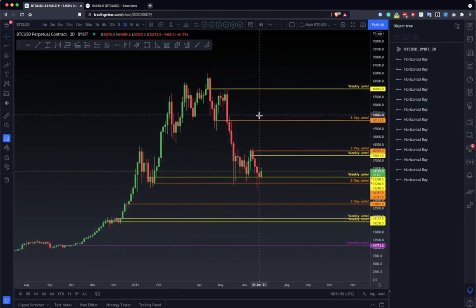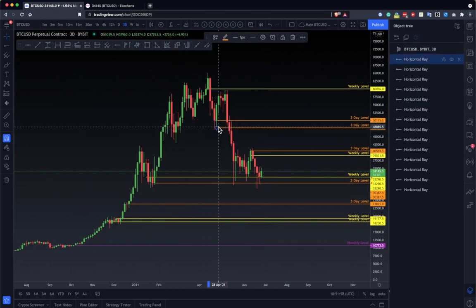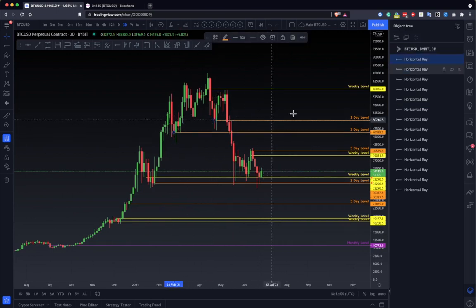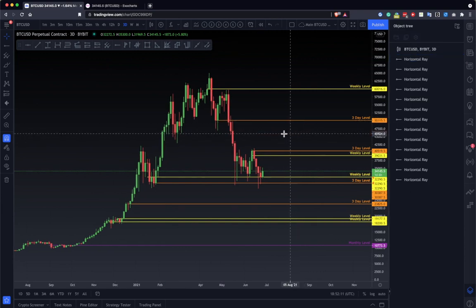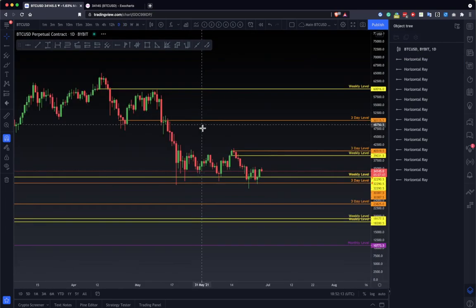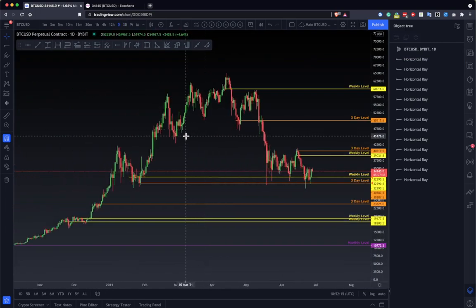We have another level here. To be fair, there are a lot of resistances on top, but I feel if we go above here, it's just possible that we go through this level and hit this higher level. So yeah, let's just do that. Let's go to daily, and it's going to be a bit more clear for us.